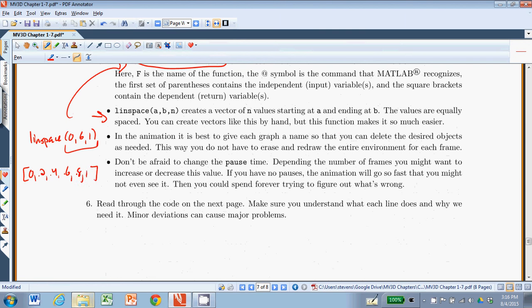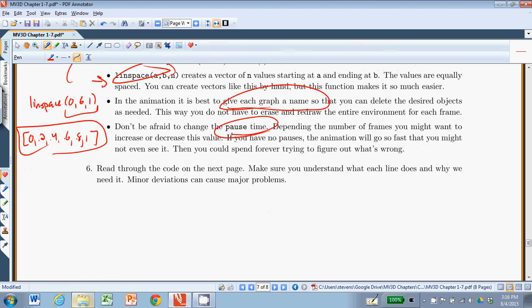So it's a really handy way to get the desired number of points that start and end. You could build a vector like this, but this linspace does it automatically for you. Very handy. You want to give each graph a name so that you can delete it and then redraw it for the animation to look real. And you can insert a pause time that's greater or less than the one in this example.